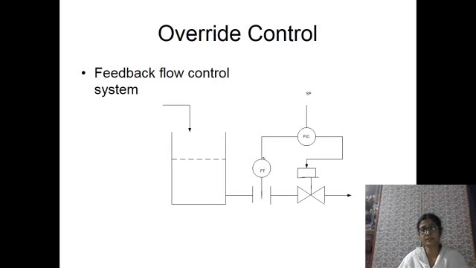This is the flow measuring device, the flow transmitter. There is a flow controller, and accordingly the outflow is controlled, and as a result a constant level can be maintained. So by controlling the flow rate, with a flow measuring device and flow controller, we are ultimately maintaining a fixed level at the storage tank.